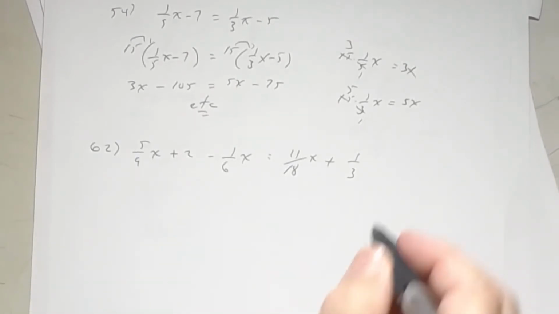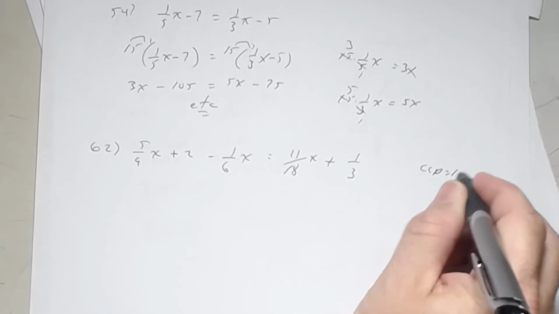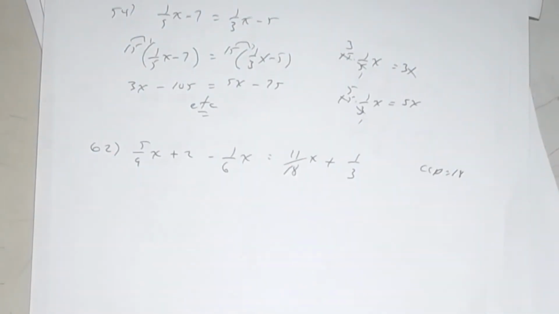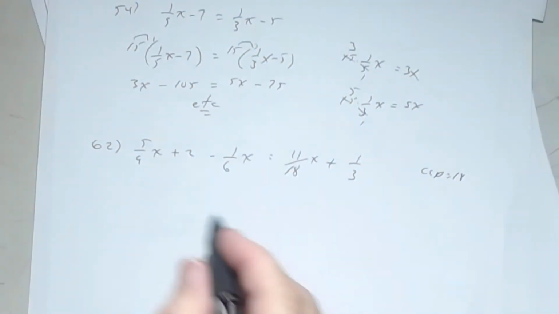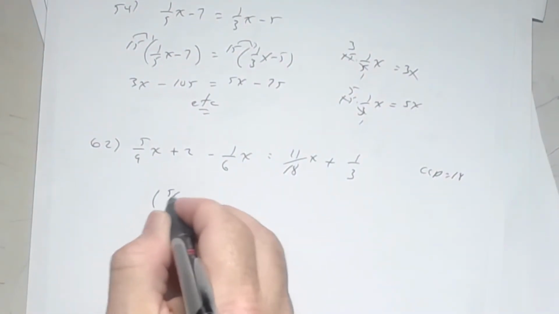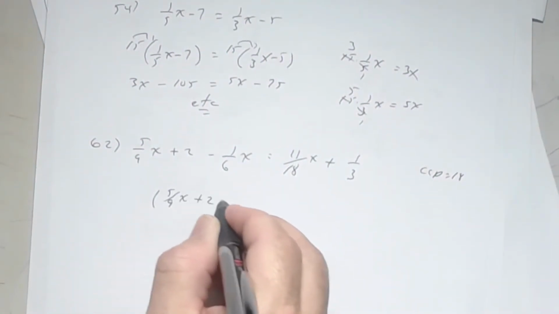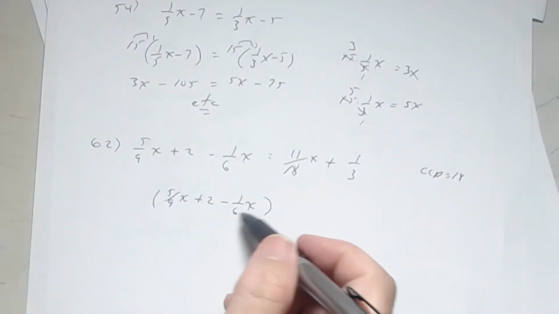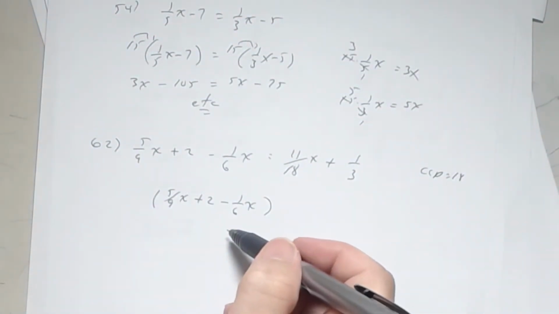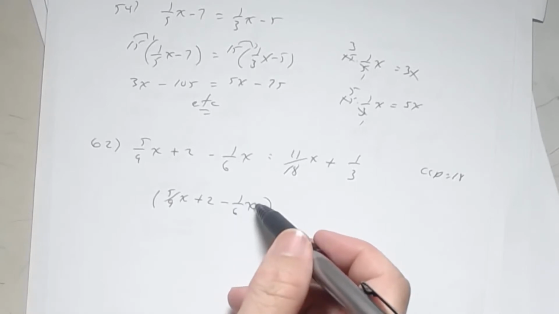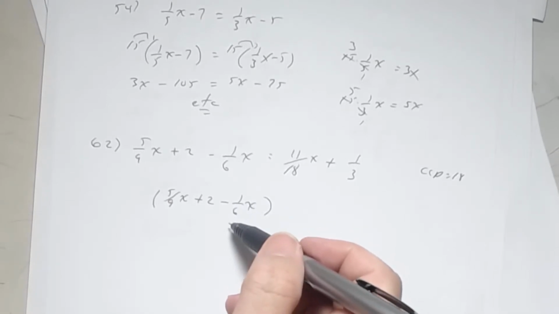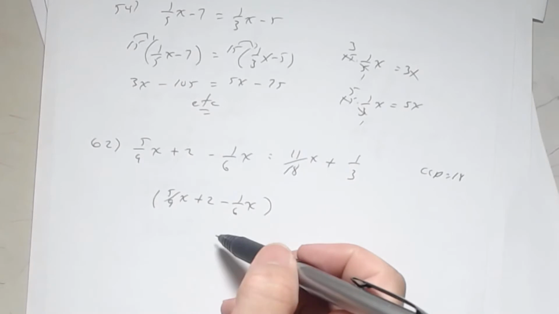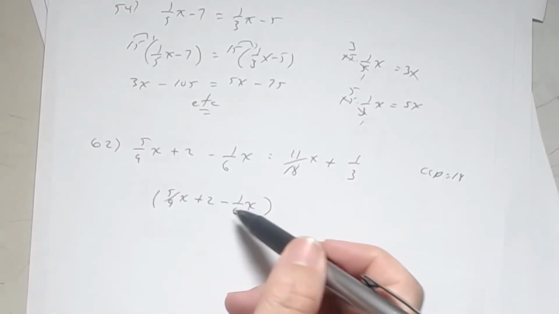So the LCD is 18. And so to follow the steps we're doing, you're going to put both of those in parentheses, just like this. And so there's that 1/6. So instead of saying minus x divided by 6, you could have put this as minus x over 6, right? But you all know now that minus x over 6 is the same thing as saying negative 1/6 x.